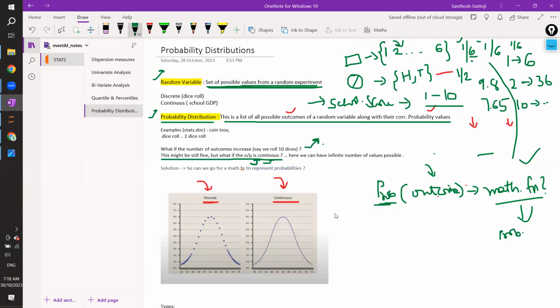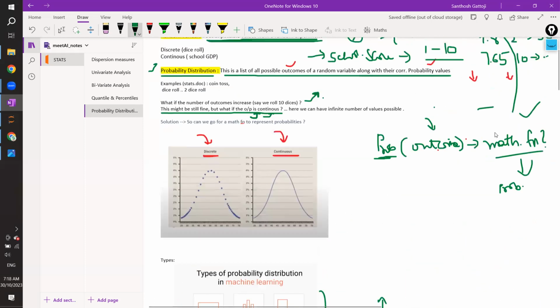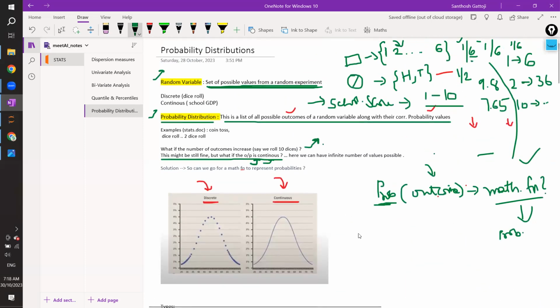Agree? So now let's see. That means, guys, it's a simple mathematical function. For example, if you are having y equal to f of x. Now what is f of x? Let's say it is a probability function.